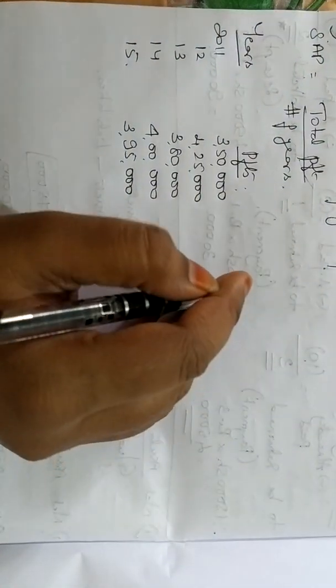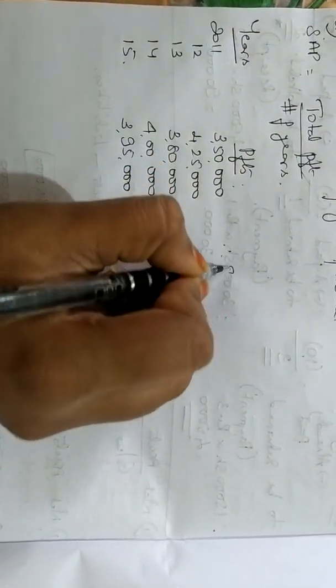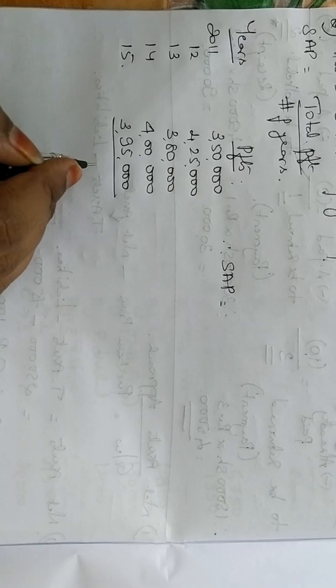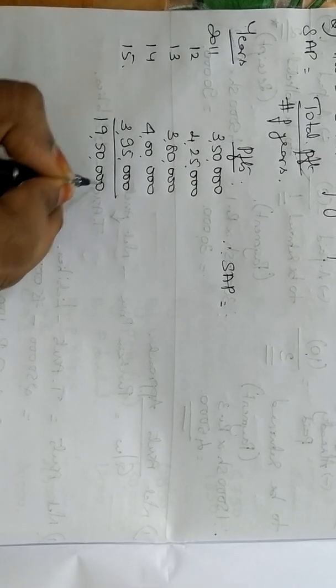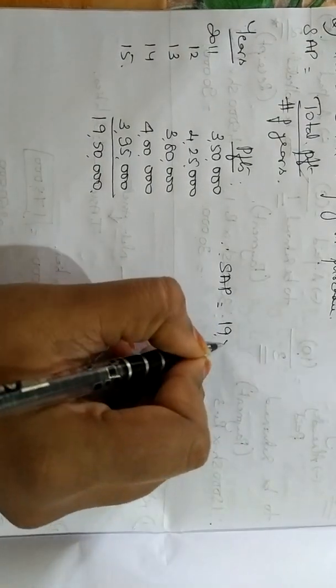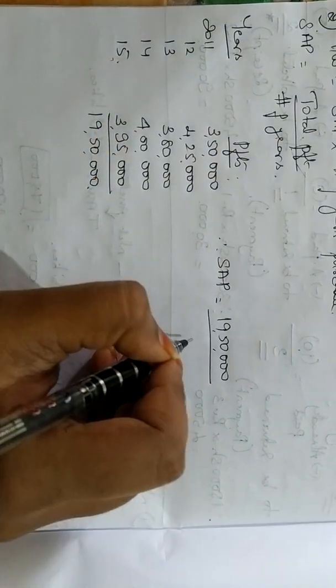So now we'll just apply the formula. Therefore, SAP is equal to total profit. Take the total of all this, which will give you 19,50,000. So 19,50,000 divided by number of years. How many years do you have? 5.